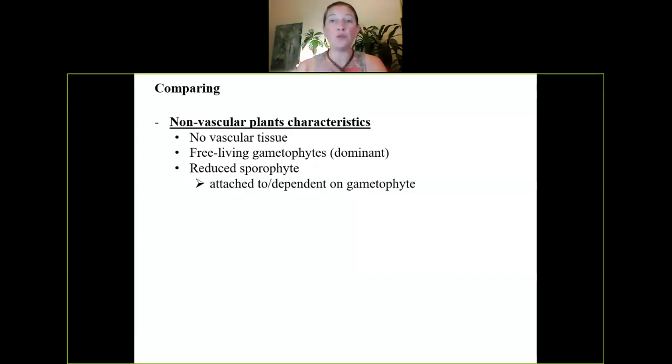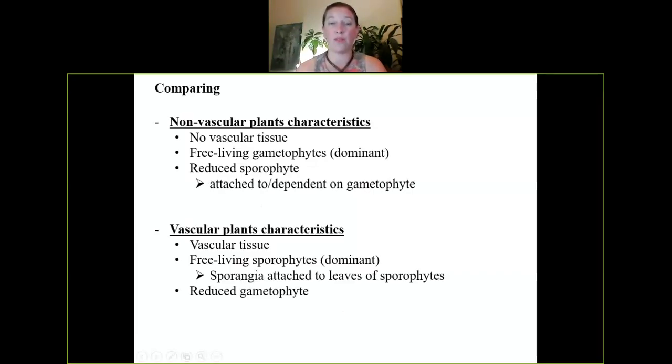So when you look at a non-vascular plant, chances are you are looking at the gametophyte portion of that plant, because that's the portion that's around the most in the life cycle of that plant. And we learned that if you have a free-living dominant gametophyte in the non-vascular plants, the sporophyte is reduced even furthermore, such that it has to always be attached to the gametophyte plant, right? So the sporophyte plant in the non-vascular plants is always attached to and dependent on that gametophyte plant.